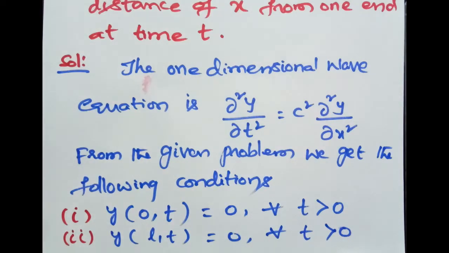Now the initial conditions. In the given problem, the initial velocity of the string is 0, since it is released at a time t equal to 0 from its equilibrium position with 0 velocity. There is no velocity in the string at a time t equal to 0 before releasing it.